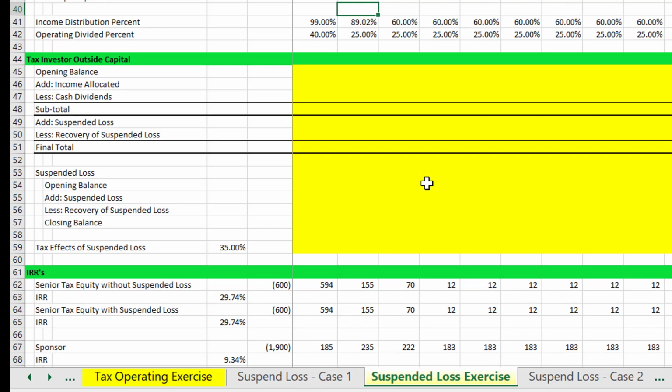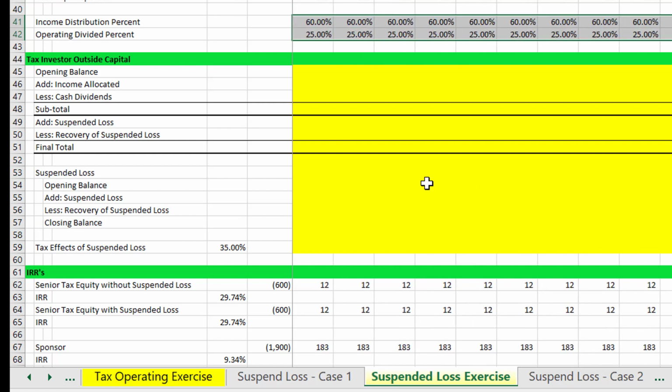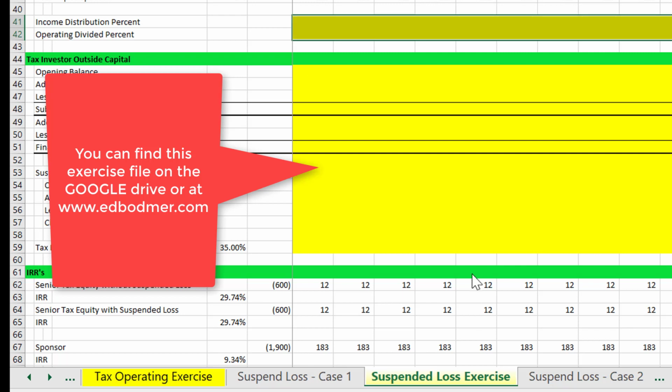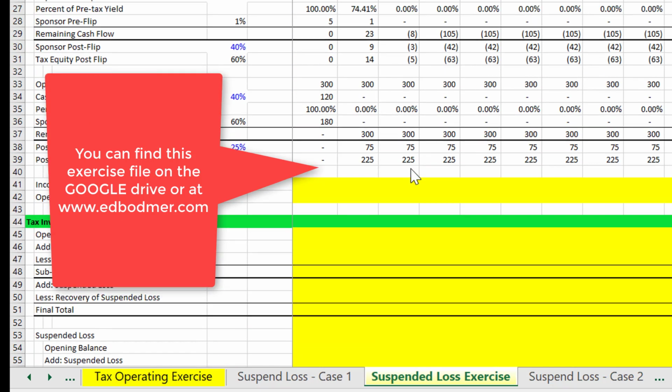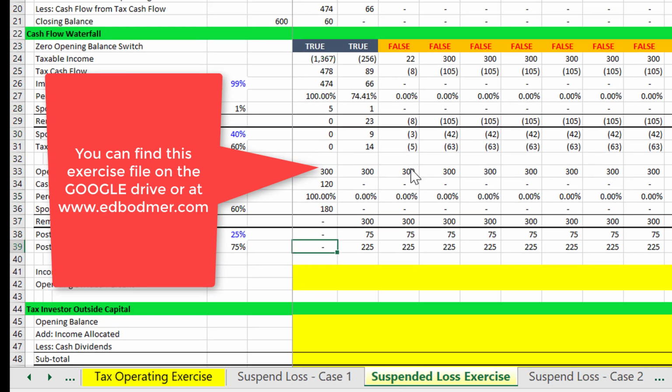I think I should have also put this as yellow, because so here's our exercise. It's a little bit of a pain to do. So I'm going to start with our income distribution, and we see how much of the income distribution goes to this percent.